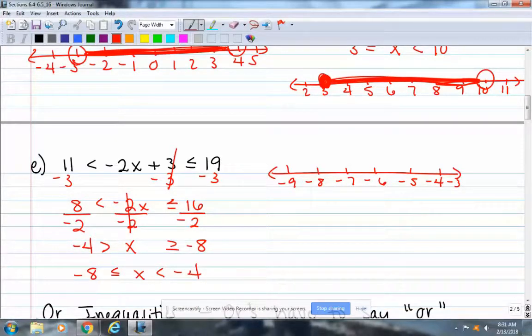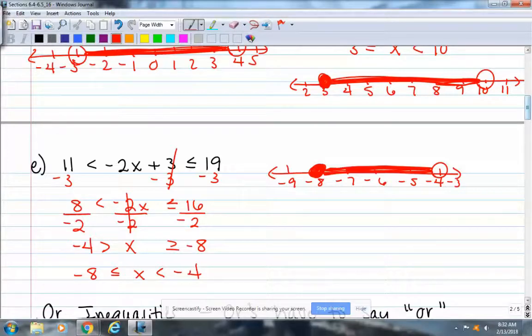All right, so does -8 get a closed circle or open circle? Closed. What about -4? Open. And where do I shade? In the middle. They shade toward each other. And means together. So any questions about and inequalities?